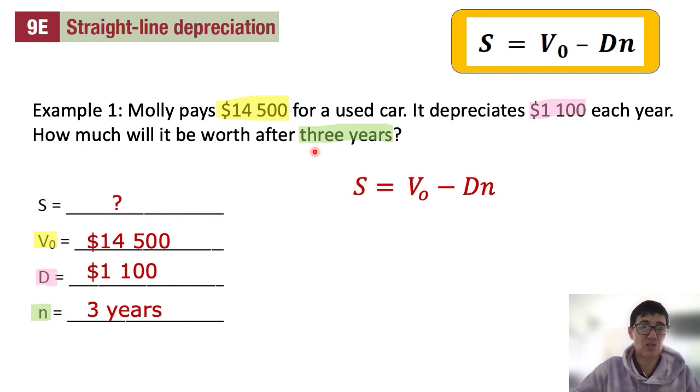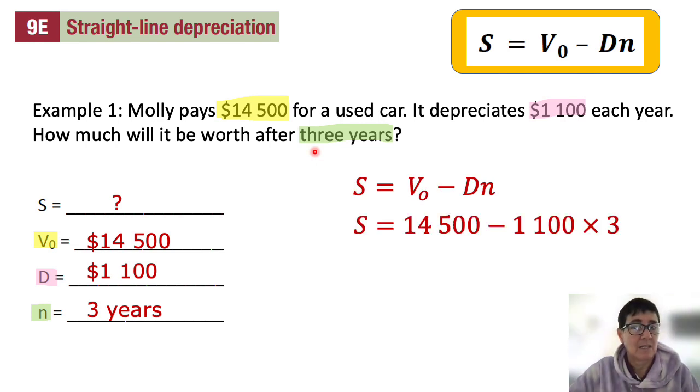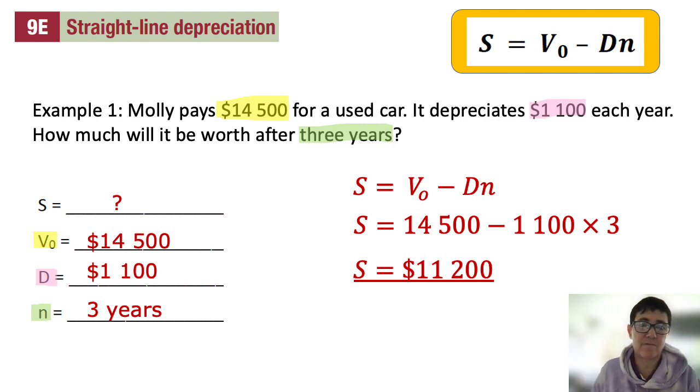I'm going to substitute it into the formula. You know how to do this. So I've got 14,500, take away 1,100 times 3. So the value of Molly's car in 3 years' time is $11,200. I would say that would be extremely generous for Molly's car. Cars depreciate, unless it's a special car, by quite a lot every year.